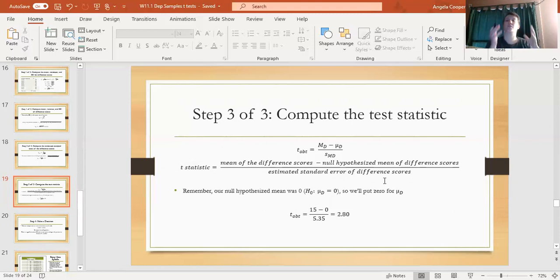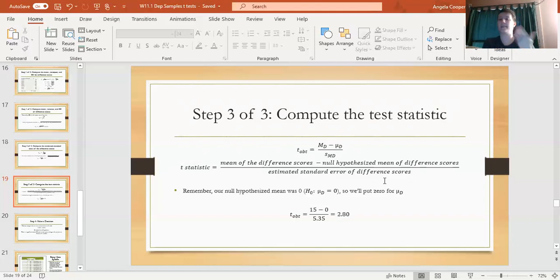If the groups are the same, which is what the null hypothesis is essentially telling us, when we subtract one from the other, it's going to be equal to 0. 5 minus 5 is 0. 7,012 minus 7,012 is 0. Any number that's the same is going to be equal to 0 when you subtract it from itself. So our null hypothesized mean of difference scores is equal to 0. And divided by the estimated standard error of the difference scores. Hey, we got that too.